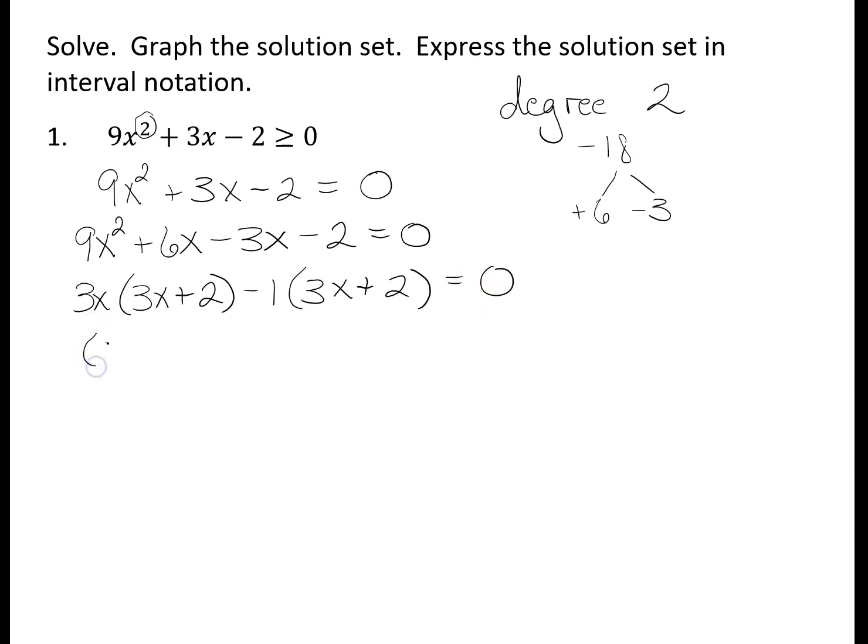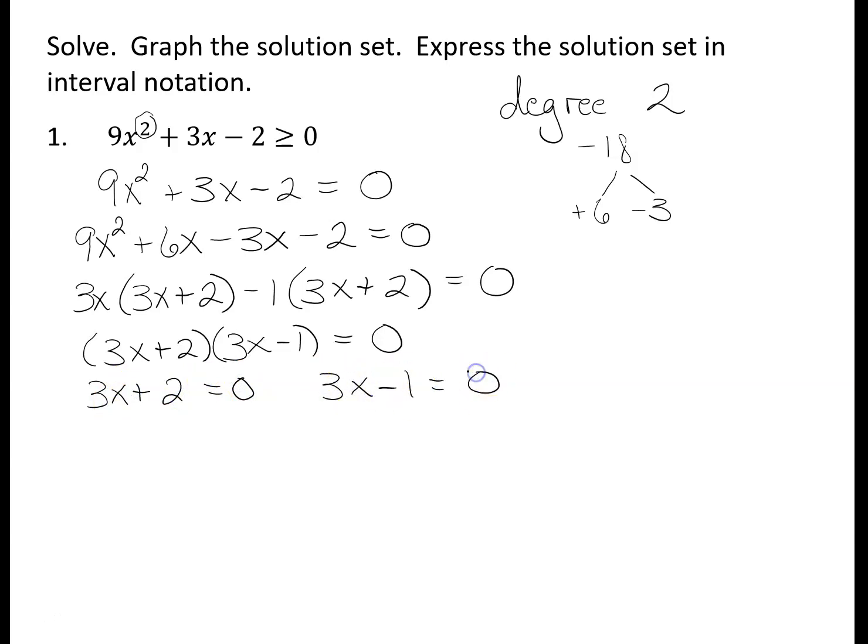And now I can pull out that 3x plus 2, which leaves me 3x minus 1. Keep that equal 0 on each step. And now we're ready to set each factor equal to 0 and solve. So we're going to subtract 2 and divide by 3. And here we're going to add the 1 and divide by 3. So we get -2/3 and +1/3.